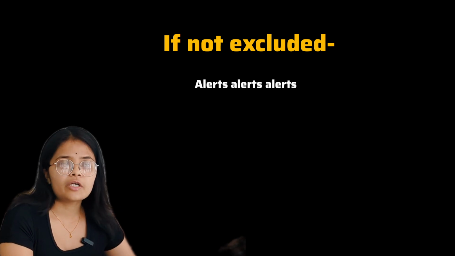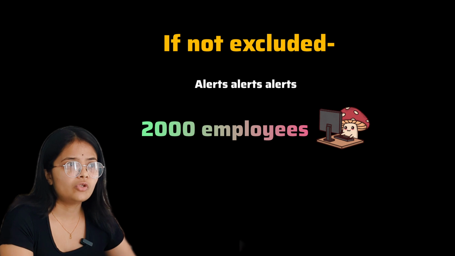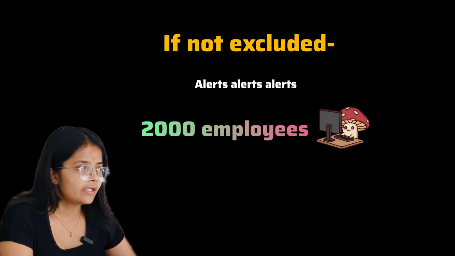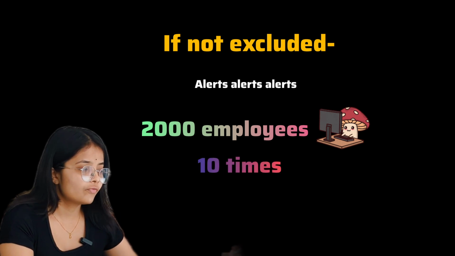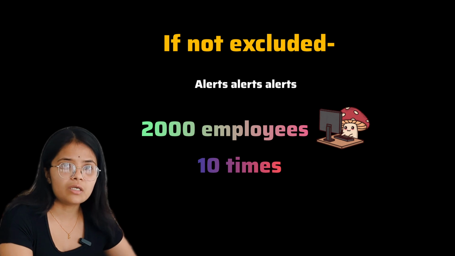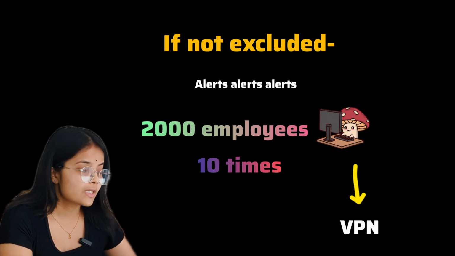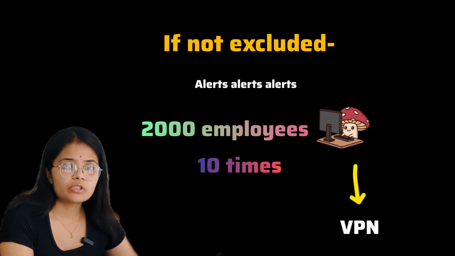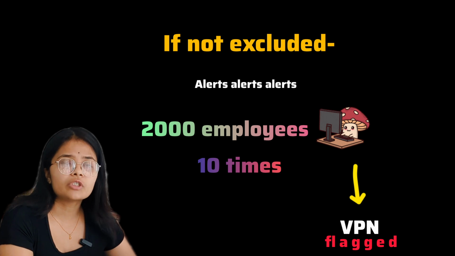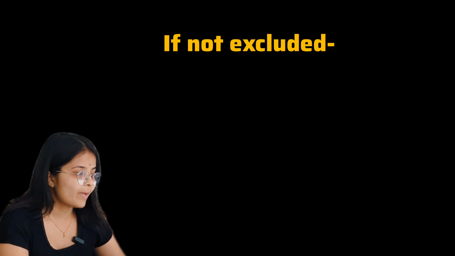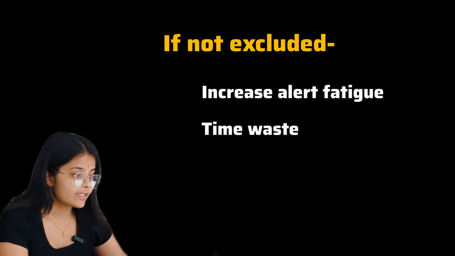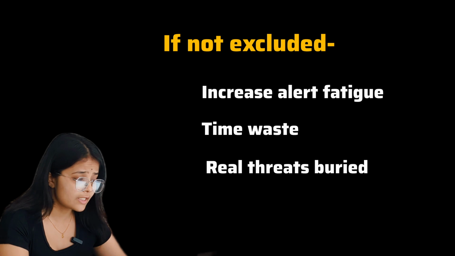Because let's say there are 2000 employees and they log into their devices at least 10 times, so if for each login we are getting an alert, then it will definitely increase the alert volume, because mostly the employees log in from VPN IPs, and VPN IPs are mostly flagged by security tools. So if we do not exclude managed and compliant devices, it will increase alert fatigue. Analysts will waste their time on low risk events and real threats will get buried in this noise.